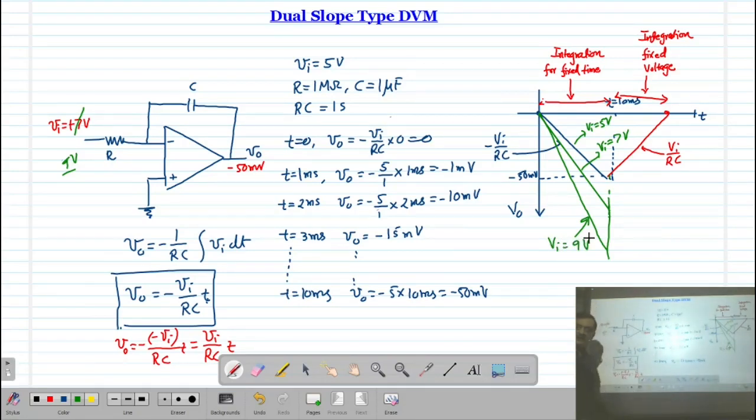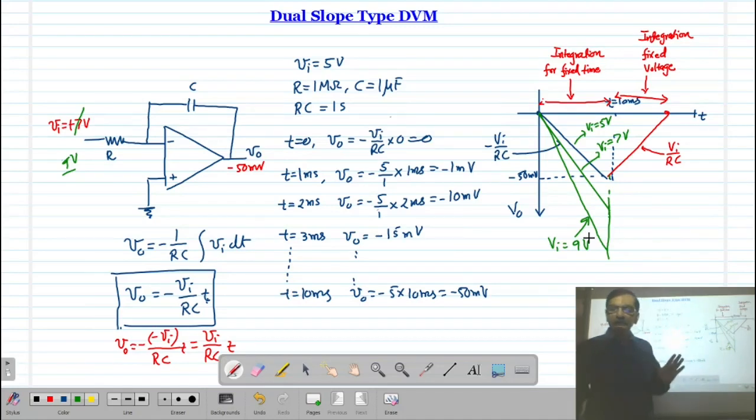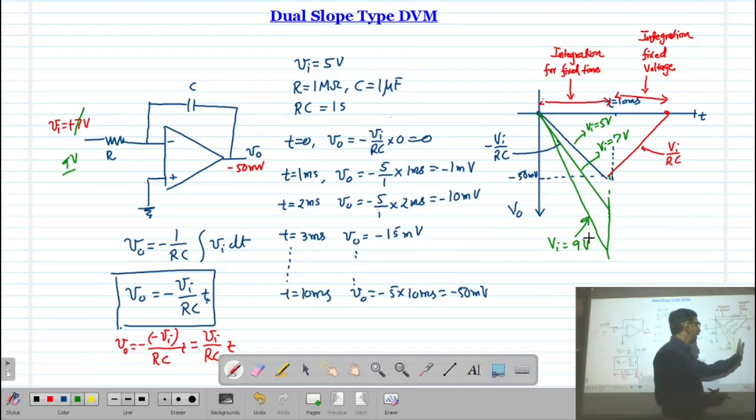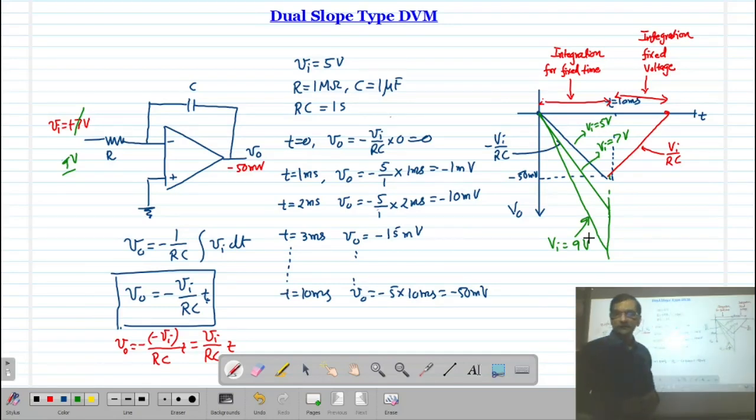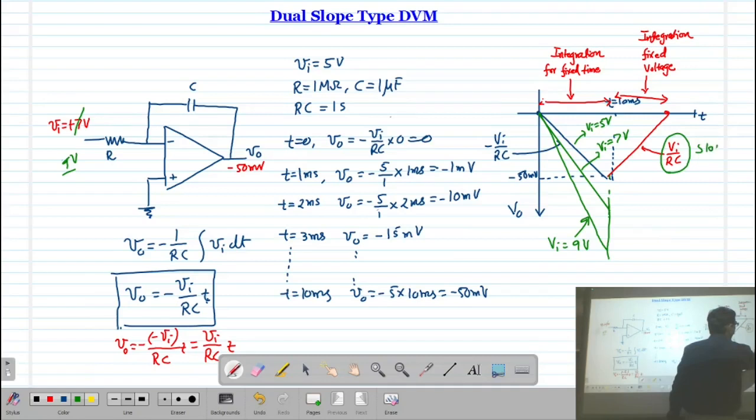So you should understand, as my input voltage increases or decreases, the slope of the graph will also increase or decrease. Now remember that in the second part, we are integrating for the fixed voltage. Fixed voltage means Vi by Rc, this slope will be constant. Here the slope is constant.